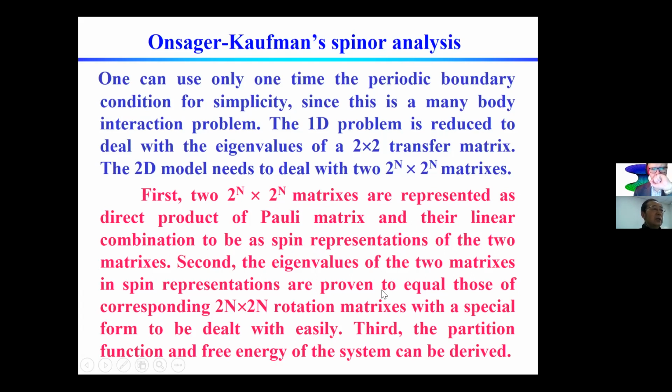Second, the eigenvalues of the transfer matrices in spinor representation are proved to be equal to those of the corresponding rotation matrices with size 2n times 2n, which are in a special form that can be dealt with easily. Finally, we can derive the partition function and free energy and other thermodynamic properties of the system.